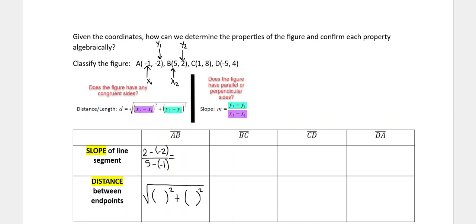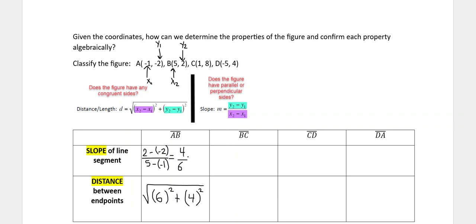Y sub 2 minus y sub 1, 2 minus a negative, turns into 2 plus 2, which is 4. So y sub 2 minus y sub 1 in the distance formula is 4, over x sub 2 minus x sub 1 to find slope: 5 minus a negative 1 is 5 plus 1, which is 6. That would be the same value that we put in the distance formula.